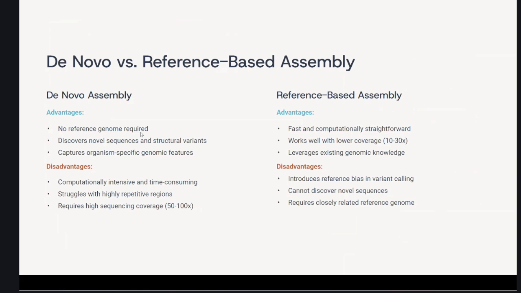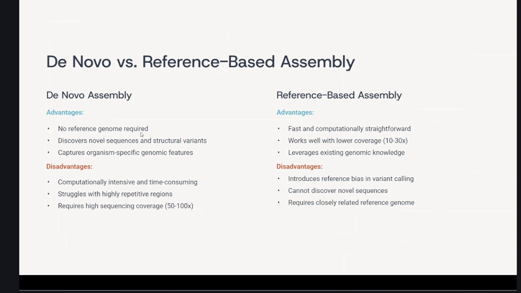But it also has some disadvantages. It is very computationally intensive. It will take hours to days to compute, and the de novo approach also struggles significantly with repetitive regions because it doesn't have any reference, so it has to tackle the repeat problem.